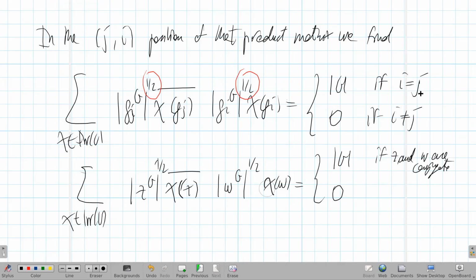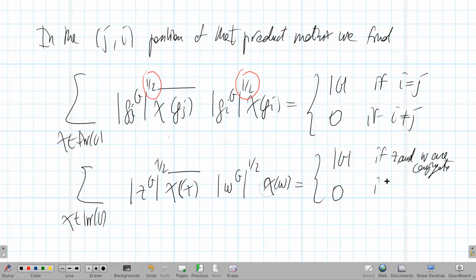Because i equals j means that Z and W are in the same conjugacy class. Here I take a representative, but the value of the size or of the character is the same over a conjugacy class. So this gives you the order of G if these two are conjugate, because to say that i equals j really means that the two are conjugate.